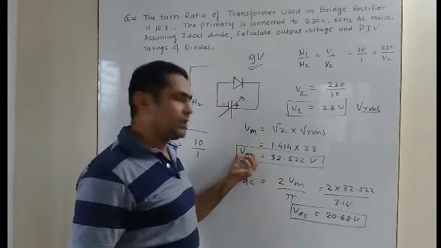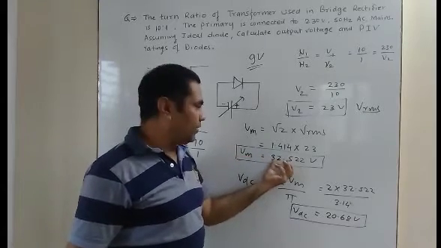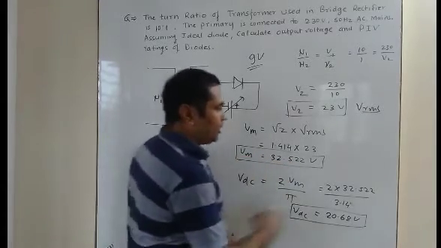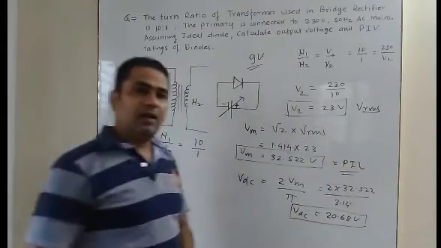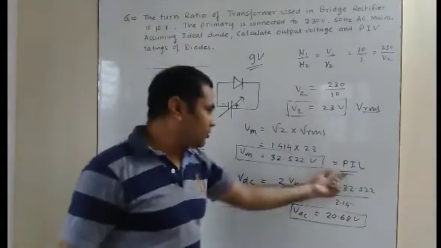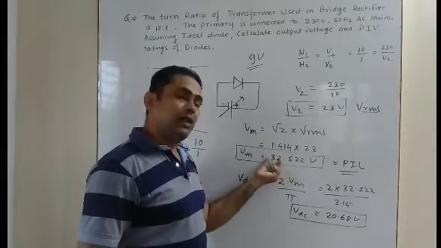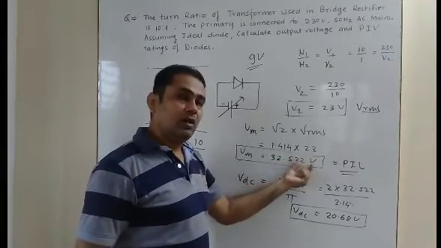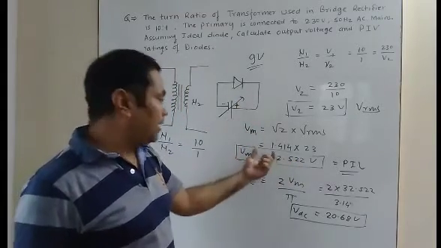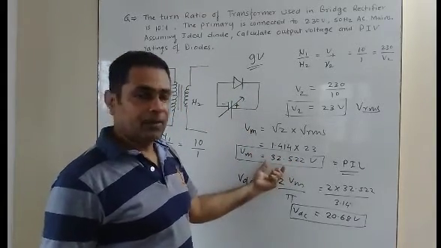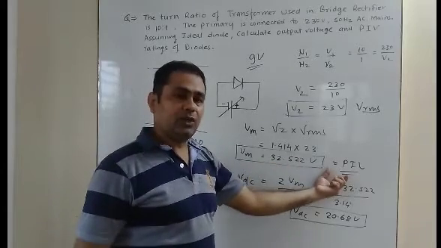Because the maximum value is 32.52, this will be the peak inverse voltage rating of the diode. It means that a diode whose peak inverse voltage rating is 32.522 volt or more than that can be used here. So that is the meaning of peak inverse voltage rating.